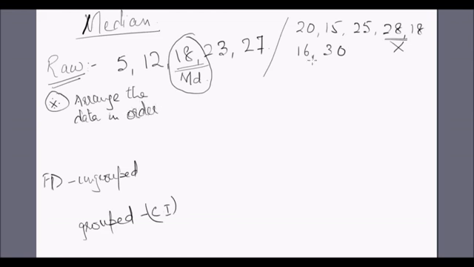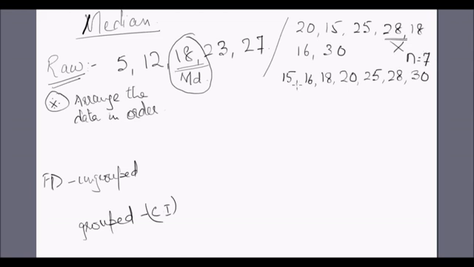So now when we arrange this data in order, let's do it from smaller to larger. The smallest data is 15, followed by 16, and then 18, 20, then 25, 28 and finally 30. So of course the number of data is n, and n is 7.